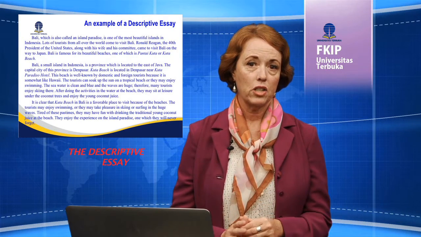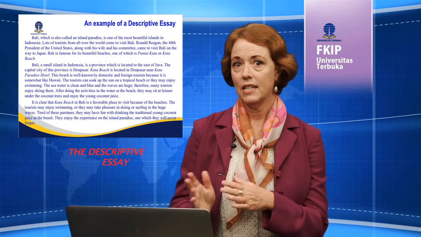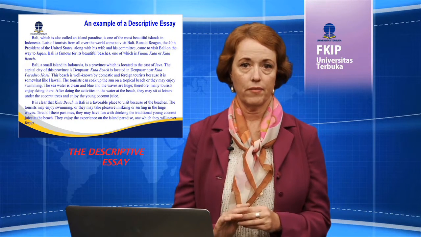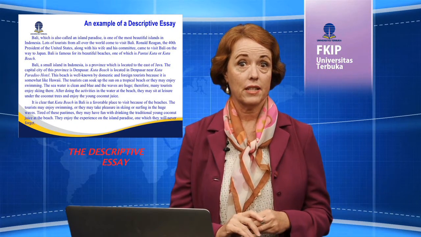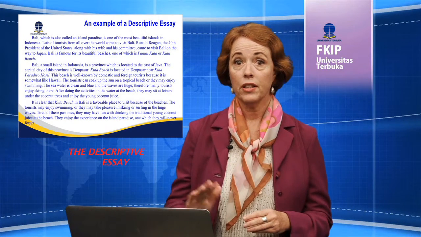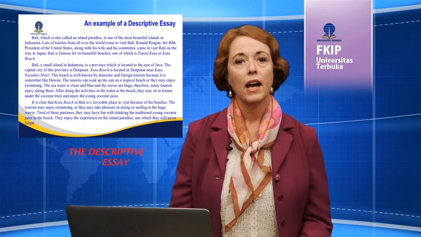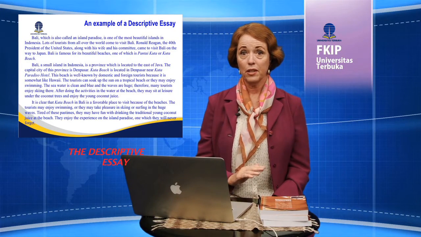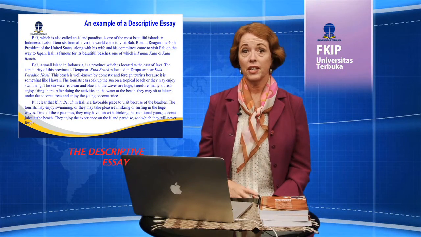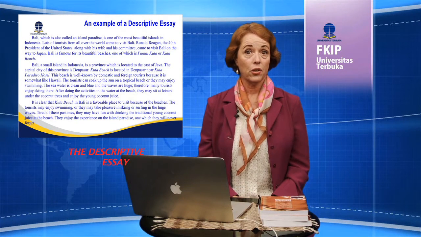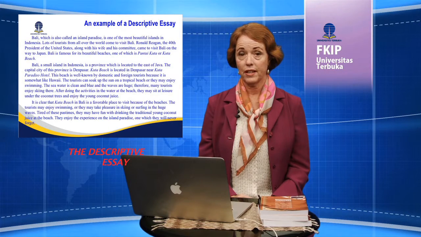Kuta Beach is located in Denpasar, near Kuta Paradiso Hotel. The tourists can soak up the sun on a tropical beach, or they may enjoy swimming. After doing the activities in the water at the beach, they may sit at leisure under the coconut trees and enjoy the young coconut juice.